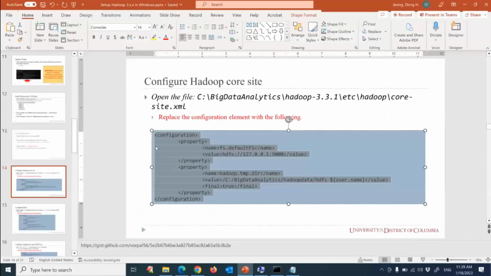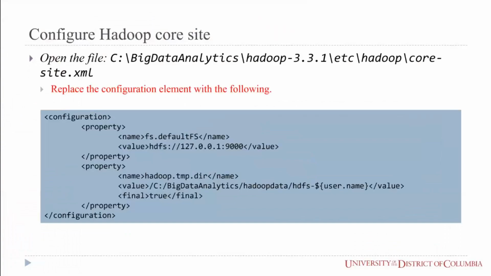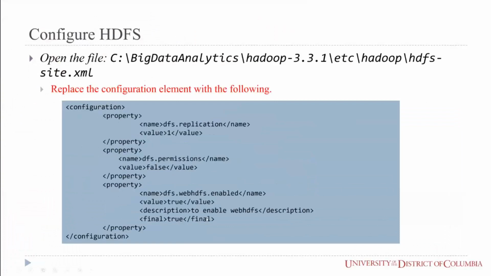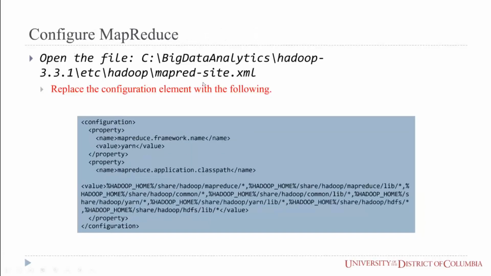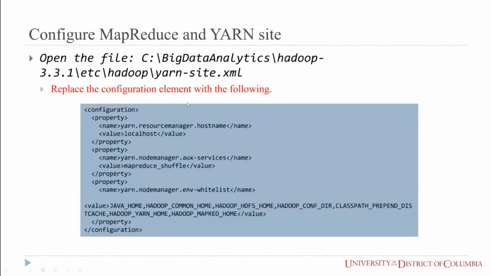Then I go back to the slide. Those are the important parts, right? And here, the yarn-site and the mapred-site, those two are going to be used for MapReduce capability for computational purposes. So we're going to talk about MapReduce next time.